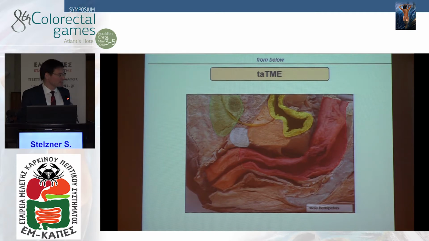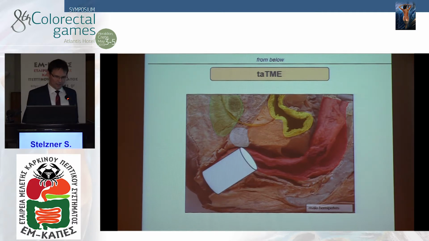Transanal TME means that you put in some kind of a platform through which you can do a minimal invasive procedure.